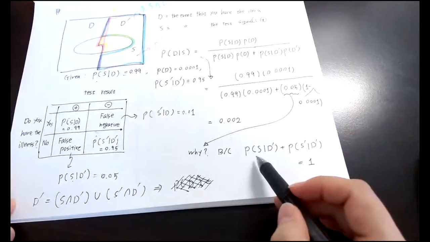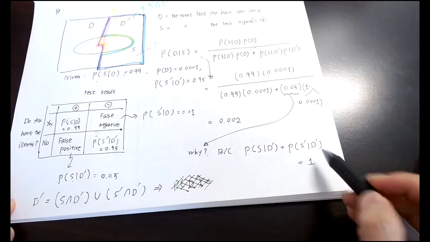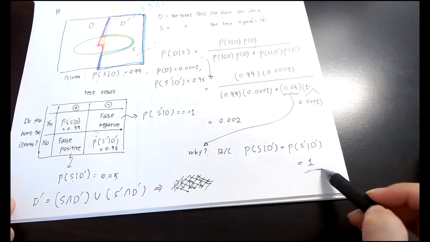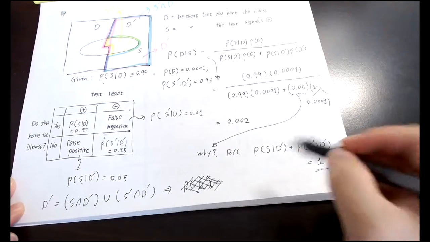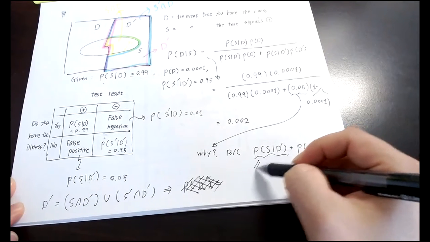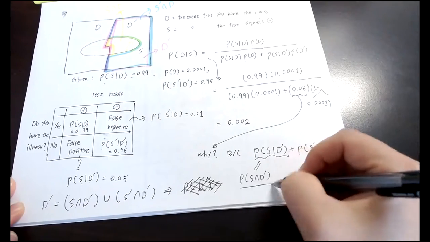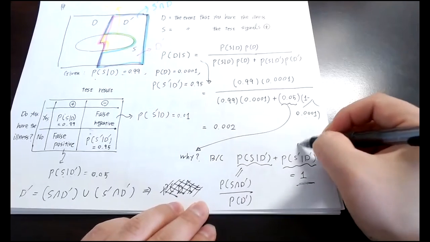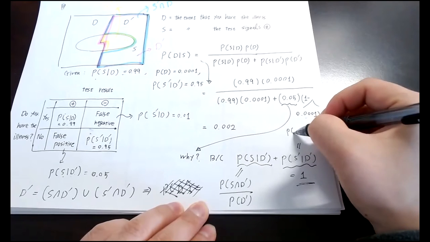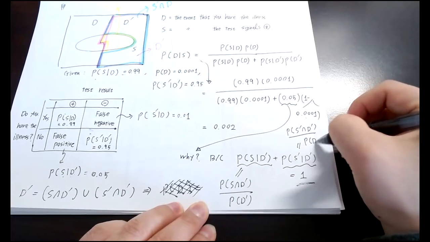I already mentioned right here that probability S given D prime plus probability S prime given D prime must be equal to 1. Let's see. Because this guy is equal to the probability of S intersection D prime divided by the probability of D prime, and this guy is equal to the probability of S prime intersection D prime over the probability of D prime.